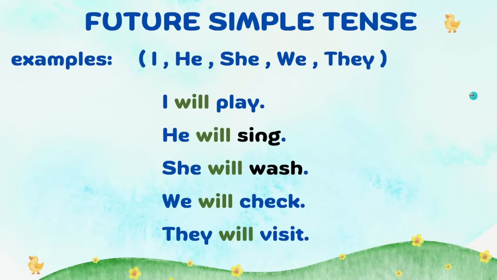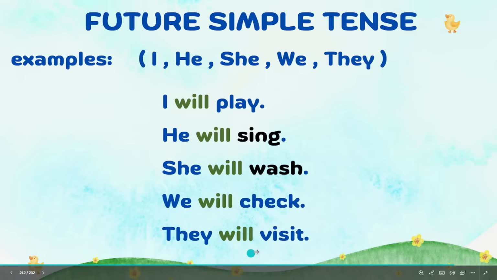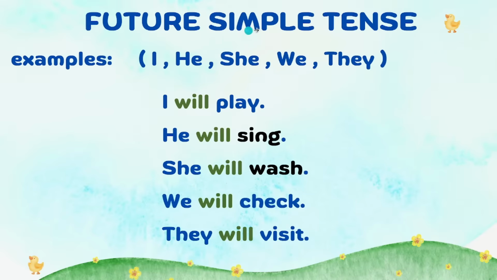Here, for I, he, she, we, and they, you can use "will." For the future simple tense: I will play, he will sing, she will wash, we will check, they will visit.